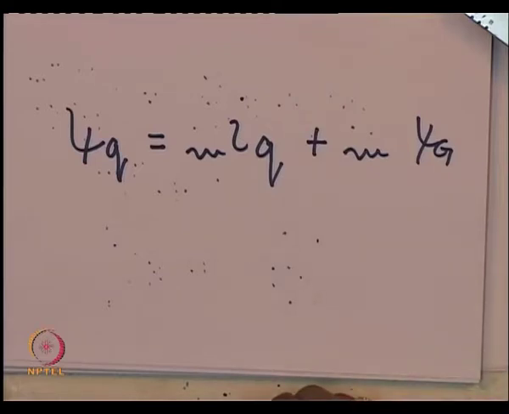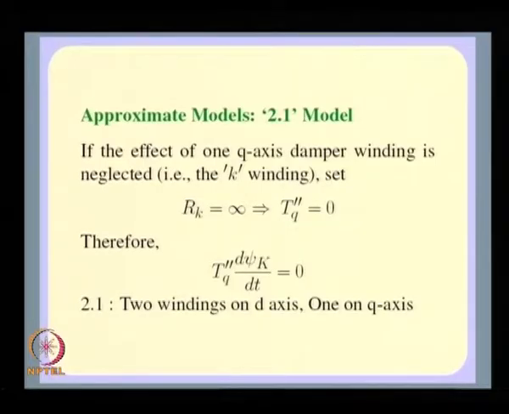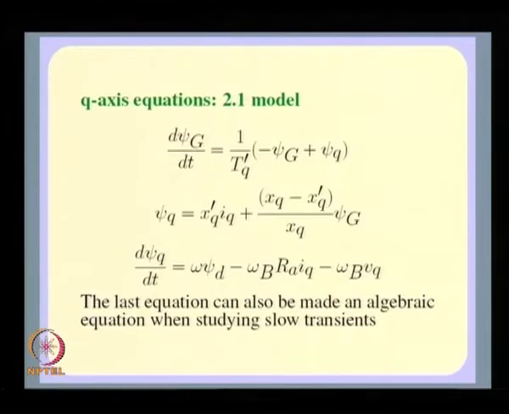What you will get eventually, if you look at the slide, is that the equations of the 2.1 model, 2.1 because now we have just one damper winding on the q axis, will be given by one differential equation corresponding to psi g, and one corresponding to psi q.